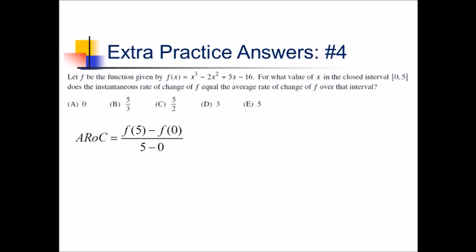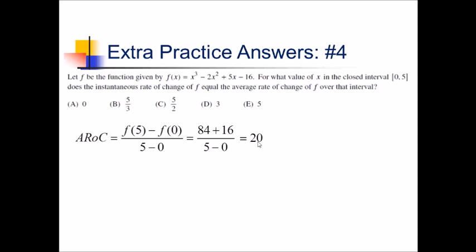So for f of 5, we've got 125 minus, this is going to be 50, so that's 75 so far, plus 25 brings us to 100, minus 16 brings us to 84. So we've got 84 minus, if you plug 0 in, everything with an x is gone and you just have negative 16. So this is 84 minus negative 16, or plus 16, over 5. So that is going to be 100 over 5, which conveniently comes out to 20.